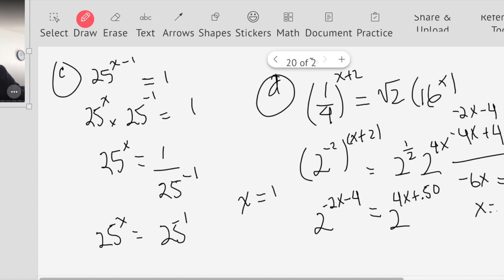So x equals 9 over negative 6. And that's it, right? That'll be x equals negative 3 over 2, my bad.